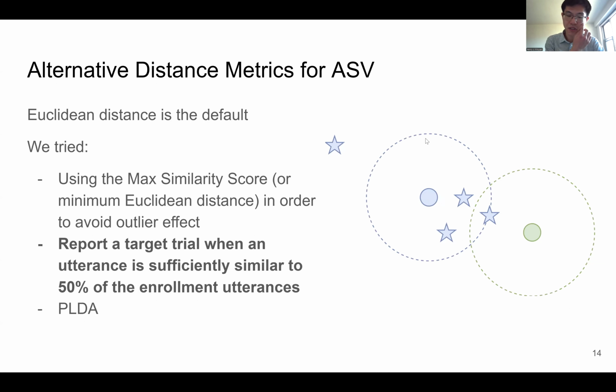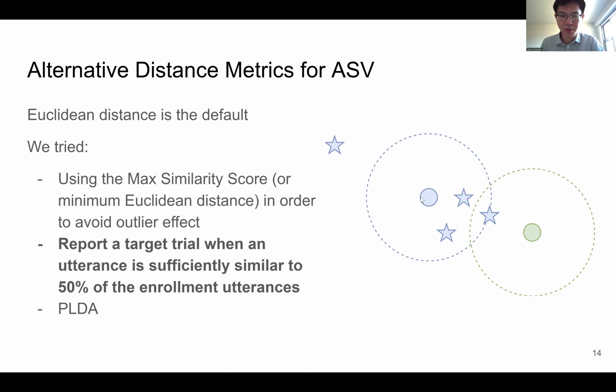The next distance metric that we tried is what we dubbed the number of enrollment utterance speaker embeddings within the distance threshold. This setup has the benefit of also having a tunable threshold, which is, as I mentioned before, very important for allowing us to compute an equal error rate. So let me explain the mechanism by appealing to the diagram on the right.